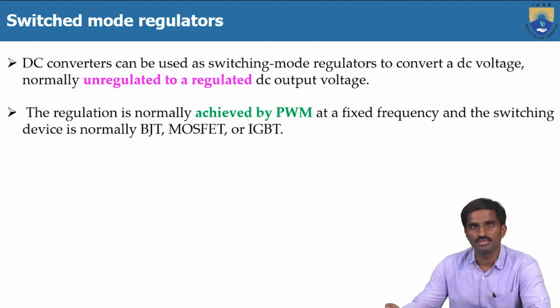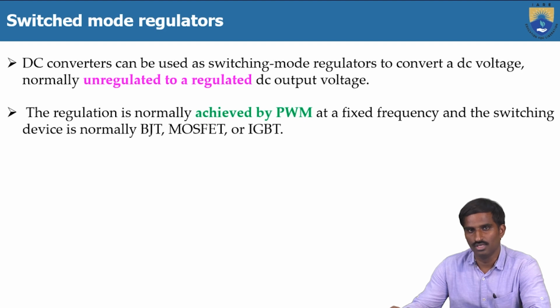But unlike the other DC to DC converters, in switch mode regulators we normally use the switching device as either a BJT, MOSFET or IGBT, which means fully controlled switches.